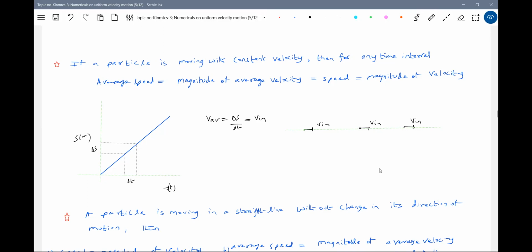Then for such a motion, the magnitude of average velocity, average speed, magnitude of velocity, the speed, everything will be the same. If a particle moves with a constant velocity, then for any time interval, you pick up a time interval here or here, anywhere, this will be valid.